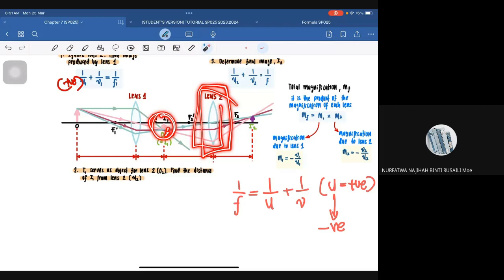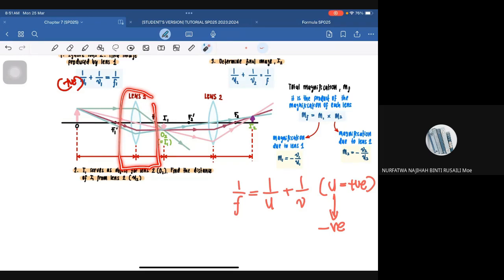Boleh faham ke? Macam mana boleh macam tu? Okay, sebab soalan dia akan minta the final image. So, kalau kamu kira the image form from the lens number 1, kamu tidak consider lens number 2, kamu punya jawapan salah. Kalau dia minta final image, you have to consider both lens.